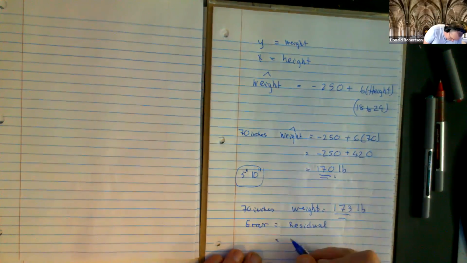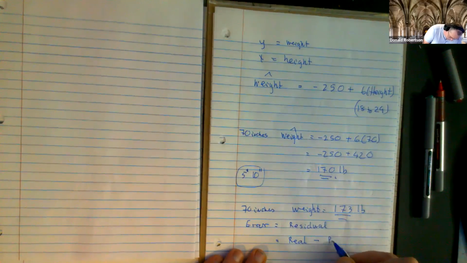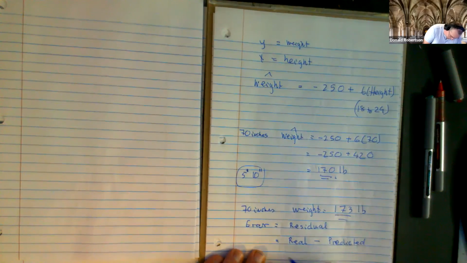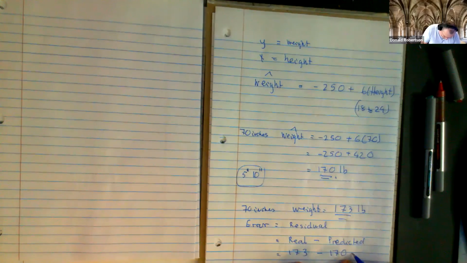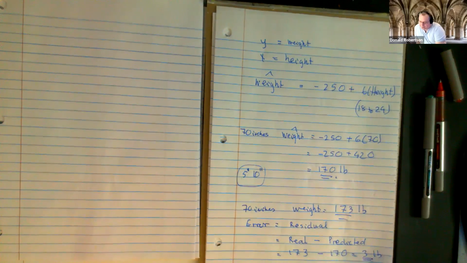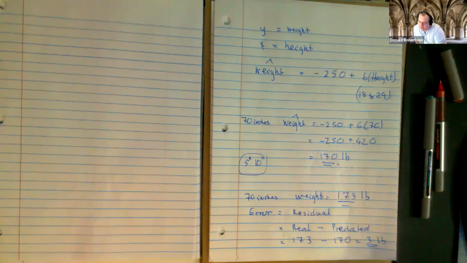And you get it by taking the real value minus the predicted value. The real value in this case was 173, and we predicted 170. So the residual here would be 3 pounds.